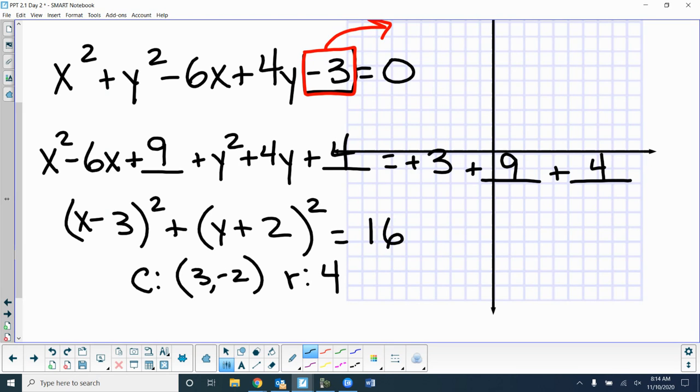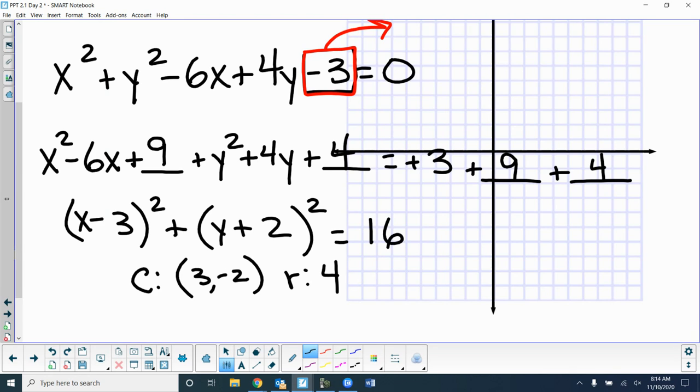Okay, so they'll give it to you looking like this. You just rearrange it so your x squared, your x together, plus blank, your y squared, your y's together, plus blank. If there's any constants, take those to that side, add your blanks. So if you add 2 blanks on the left, you got to add your 2 blanks on the right.